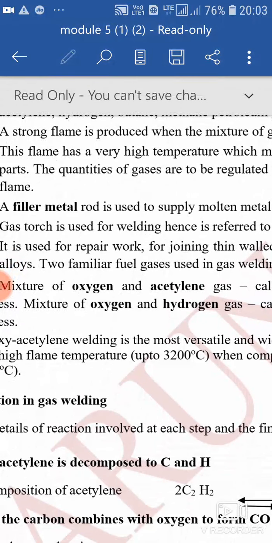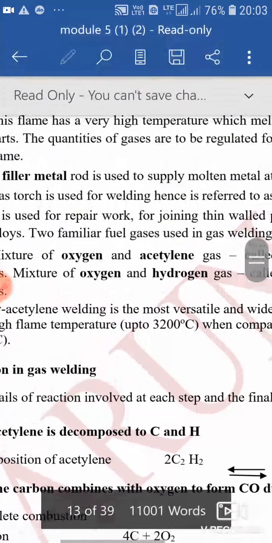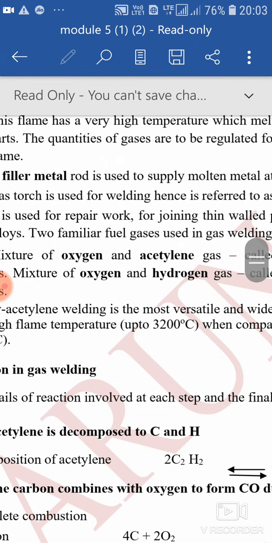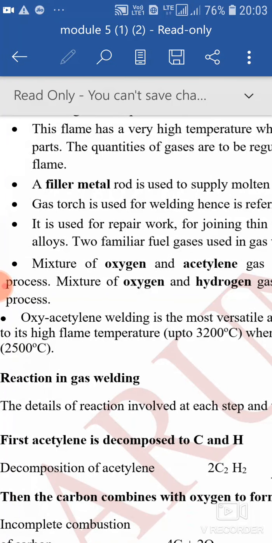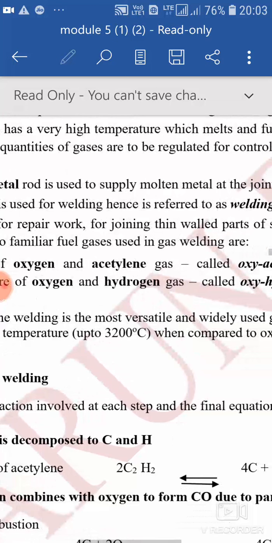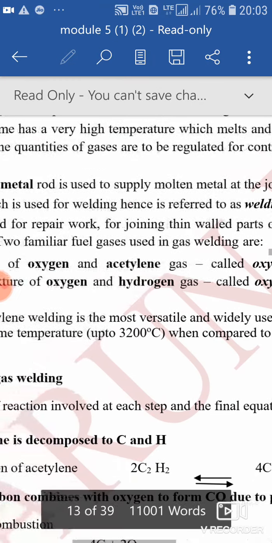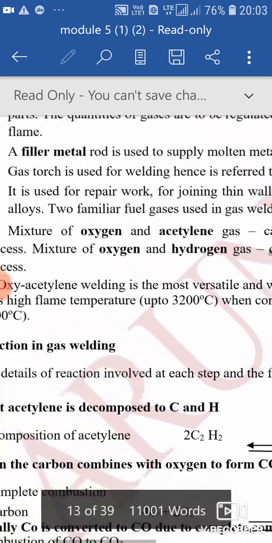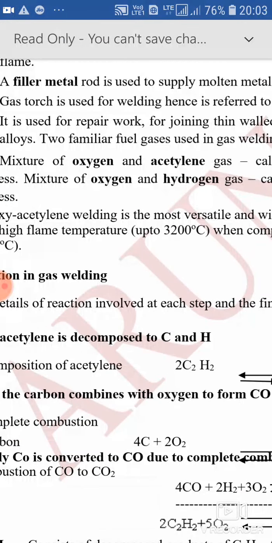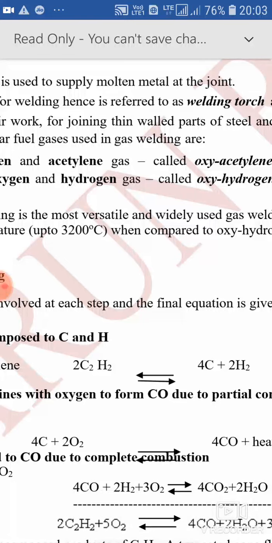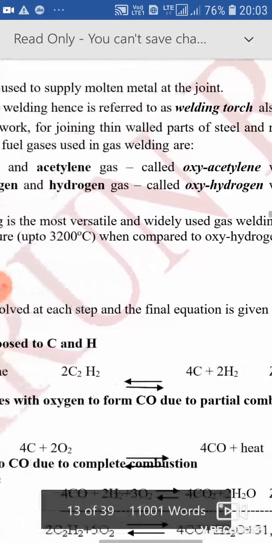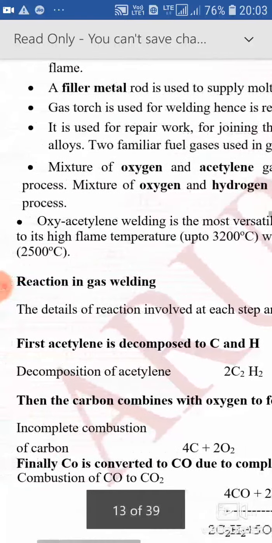filler metal. The gases are regularly regulated and properly supplied in the required quantity. A gas torch is used for welding, hence it is also referred to as a welding torch. It is used for repair works and for joining thin walled parts of steel and non ferrous alloys.